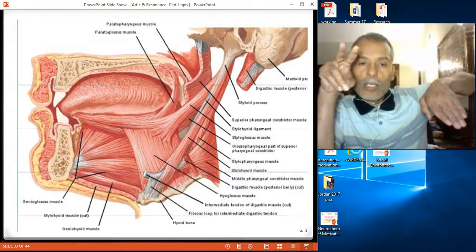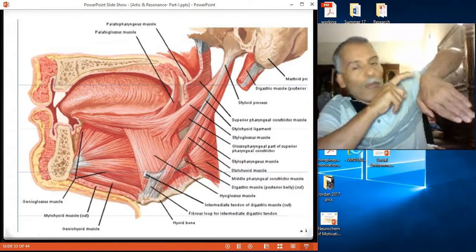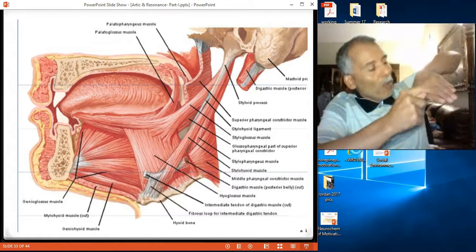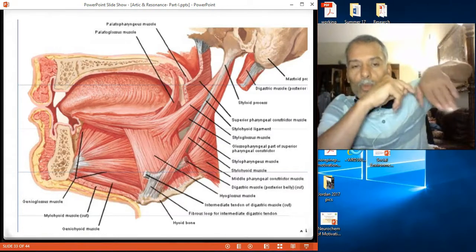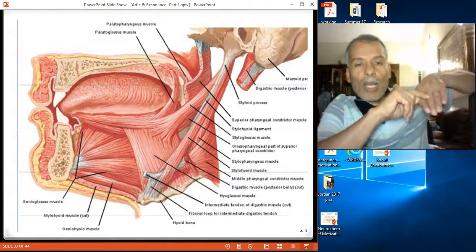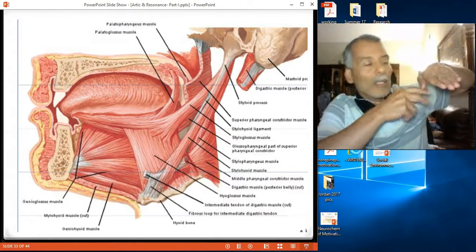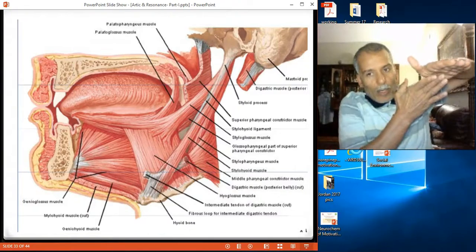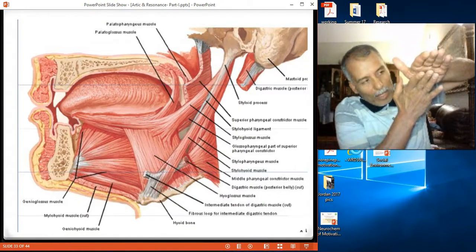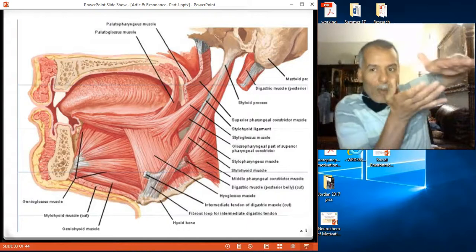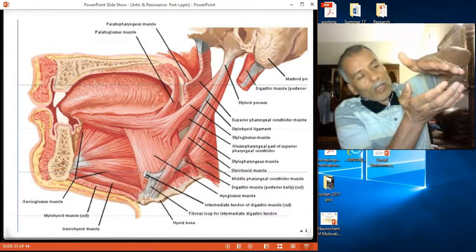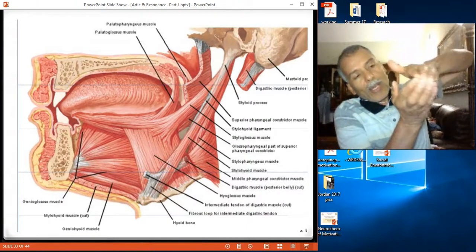longitudinal muscles, two sets of them. The fibers come from the back and go forward to the tongue tip, called longitudinal lingual muscles. And one other set goes from under, on the base of the tongue, and goes from back to front as well. One goes this way, the other goes this way, and they connect at the tongue tip.